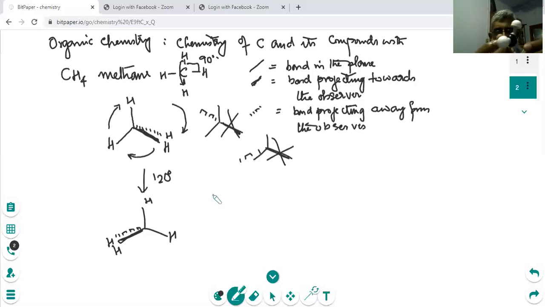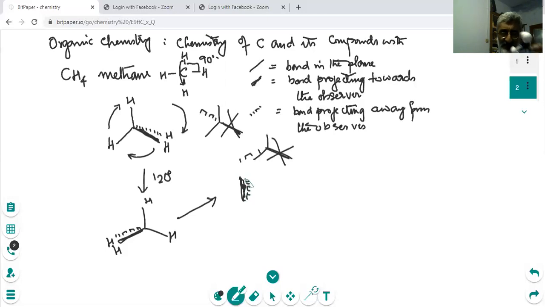I can rotate this still further. See this. If I rotate it still further, I'll get this figure. Again, this bond has to be behind this, very close.